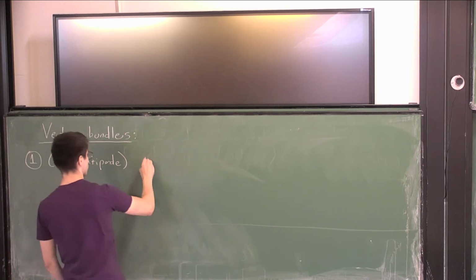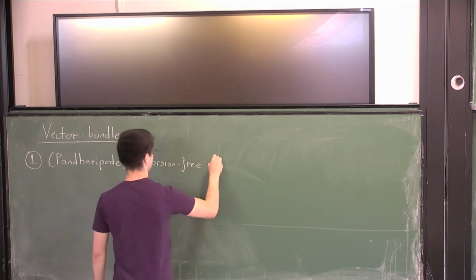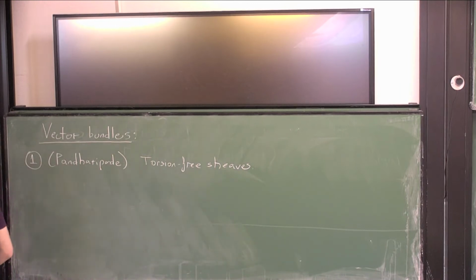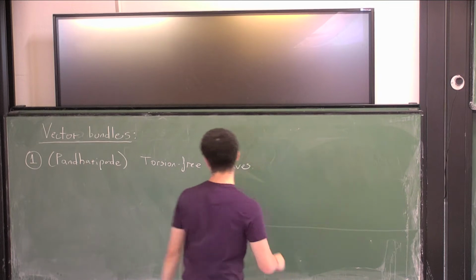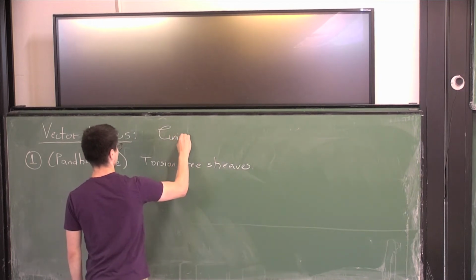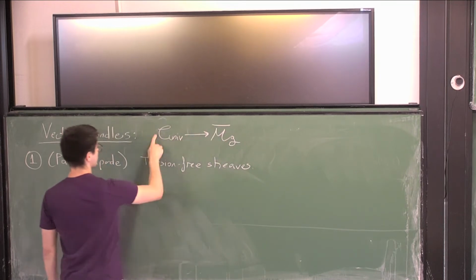So this is using torsion-free sheaves. Let's say that you have this Deligne-Mumford stack. We're going to be working over the universal curve over the Deligne-Mumford stack.